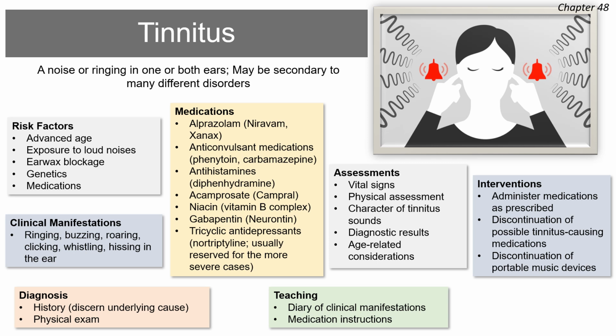But if a patient is taking an ototoxic medication, or one of the medication side effects is tinnitus, then they'll most likely stop that medication. To determine what is causing this, we can have them do a diary and tell them to write down when they experienced the tinnitus, what they were doing, when it stopped, all the details, so we can try to pinpoint what's causing it.